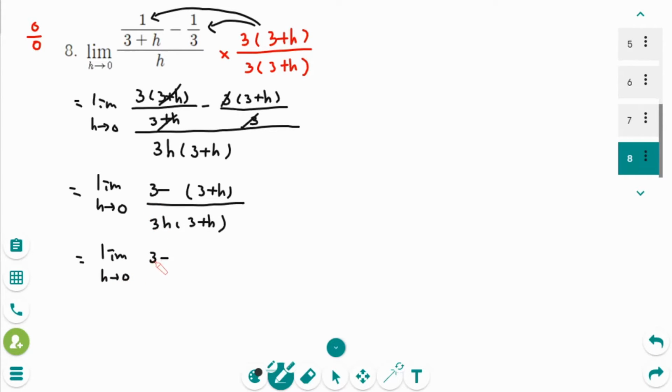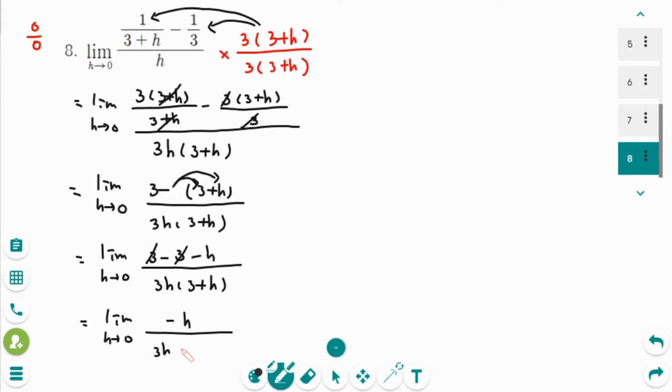Simplified numerator is 3 minus 3 minus h over 3h times 3 plus h, and cancel, minus h over 3h times 3 plus h, then cancel the common factor h.